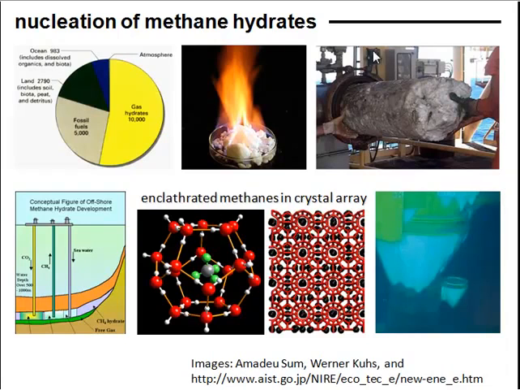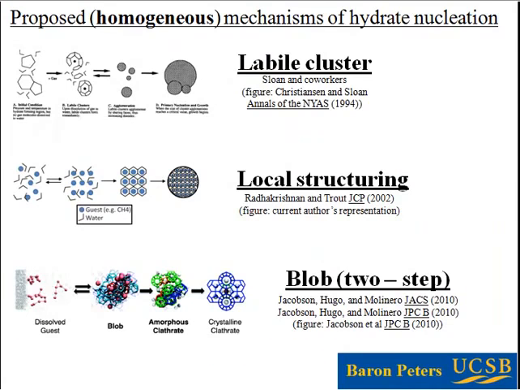And so basically, for all of these reasons, there's a lot of motivation to try and understand how methane hydrates form. And so many people, naturally, have thought about this in the past, and there are several different mechanistic ideas for how they form. The predominant mechanisms that have been put forth in the literature are this labile cluster hypothesis put forth by Dendy Sloan and coworkers at Colorado School of Mines.